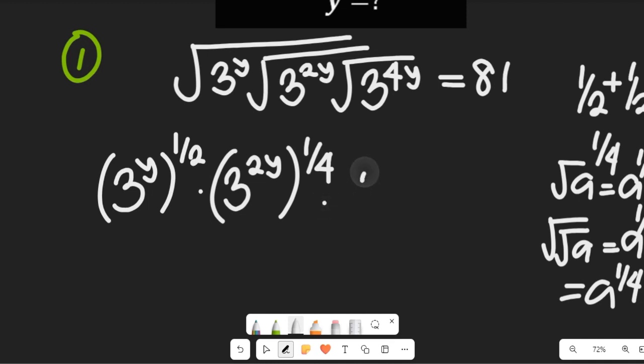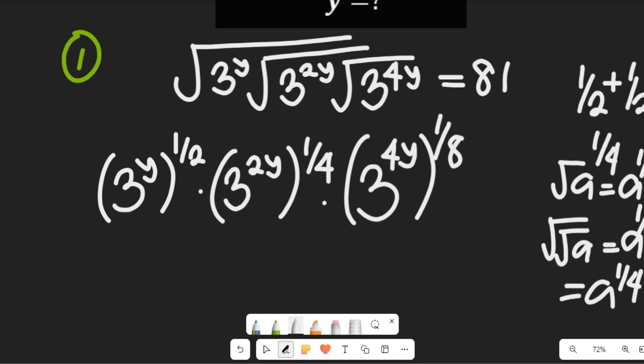Then this other expression, 3 to the power of 4y, can be all to the power of 1 divided by 8, because it has 3 square roots.